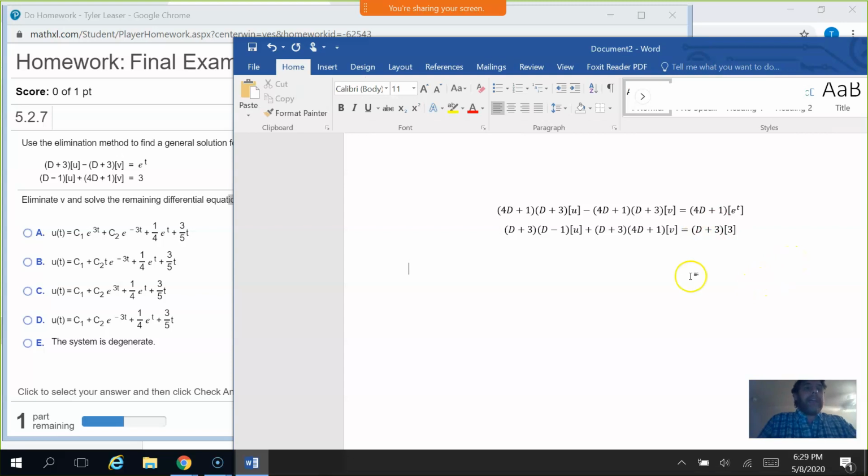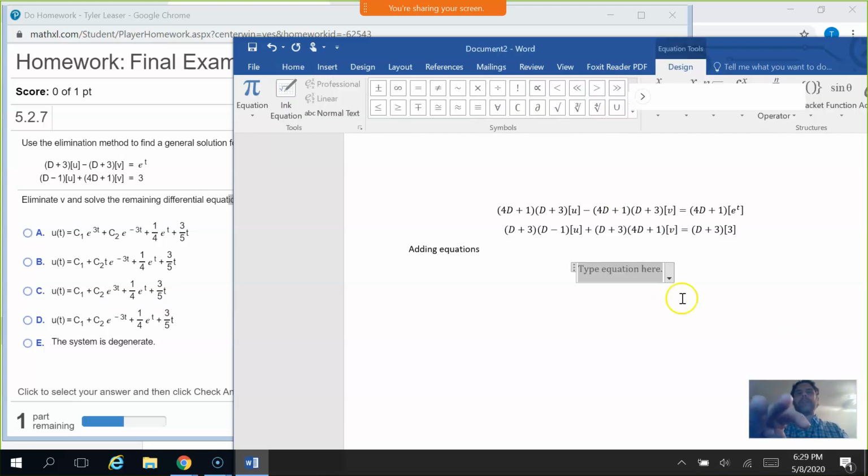Now, the reason we did that is if you add these two equations together, the operator on v is the same. Well, it's actually the opposite in this case for both of these equations. So I'm going to add these two equations together. That way, these two terms cancel each other out.